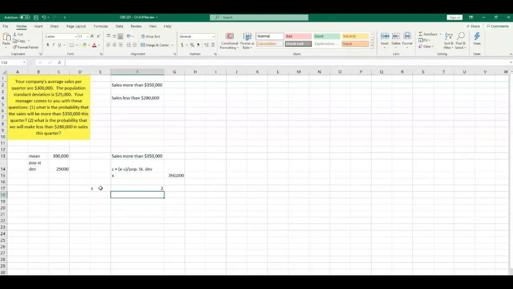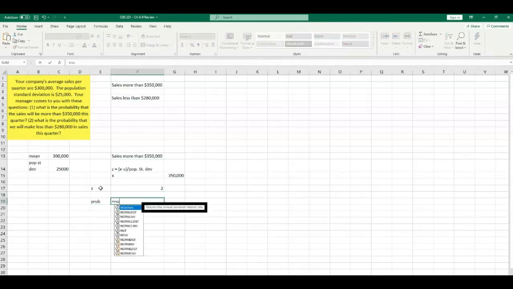Now, that's just a piece of what we're trying to find here, right? We're trying to figure out what's the probability that our sales will be more than 350,000. So, once we have a z-score, we can find out probabilities using norm.s.dist, and that needs two different pieces to it.